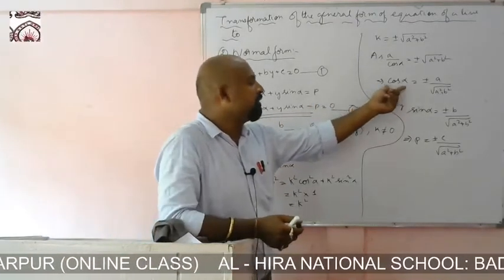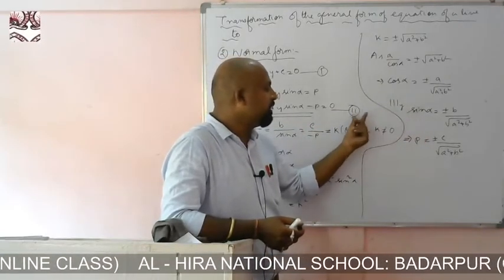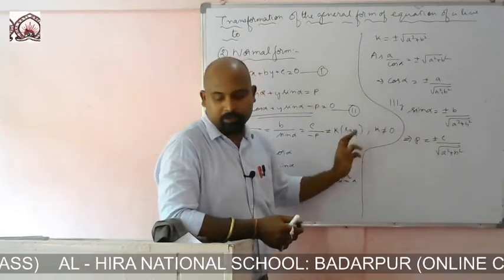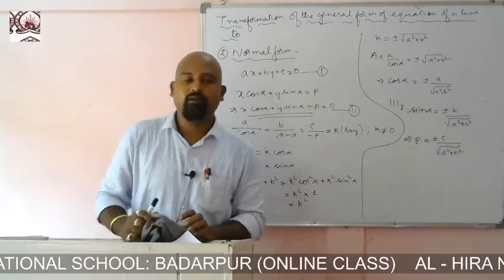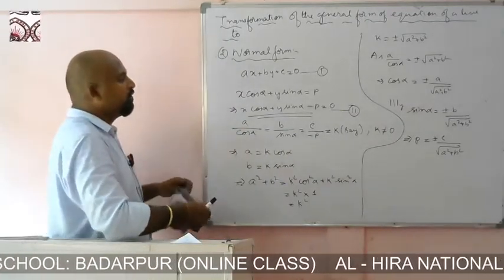the value of cos alpha in equation 2, sin alpha in equation 2 as well as P in equation 2, then we are getting the equation in the normal form. Then what would be the equation we will get here?